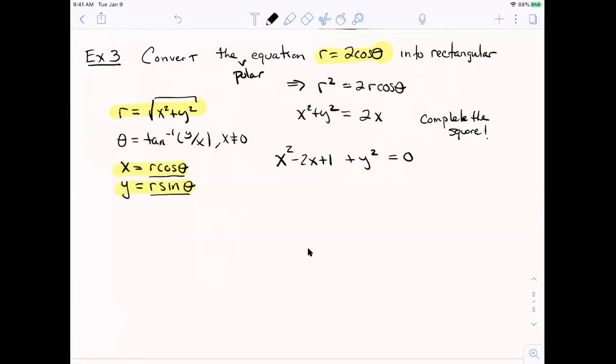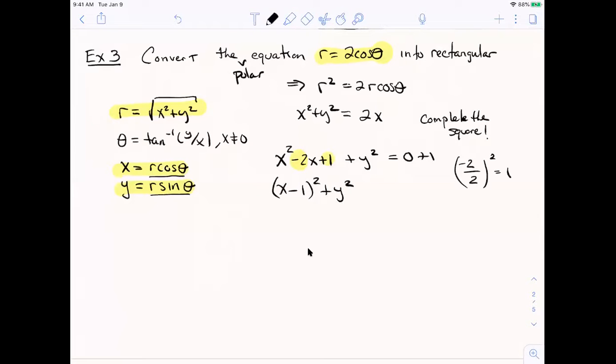In general, what you do is you take the coefficient of the variable to the first power, that's our -2 in this case, you divide that by 2 and you square that. That's the number that you need to add to make it factor like a perfect square. But since I added 1 to one side of an equation, I have to do it to the other to keep it balanced. And then this thing will factor into x minus 1 squared.